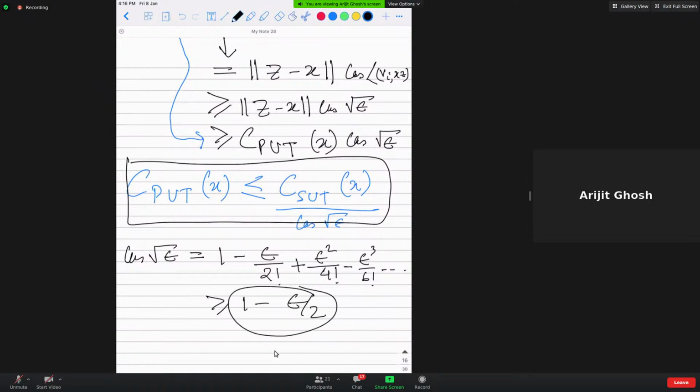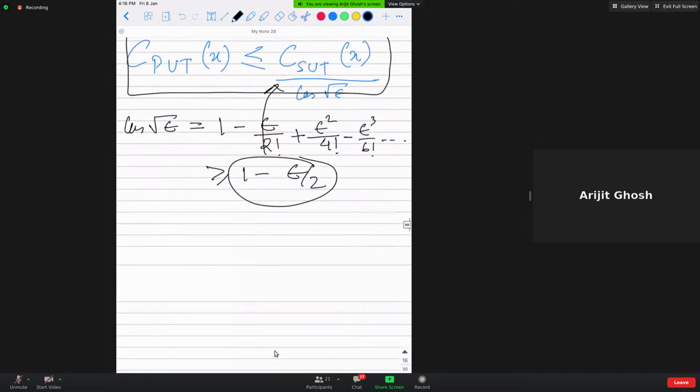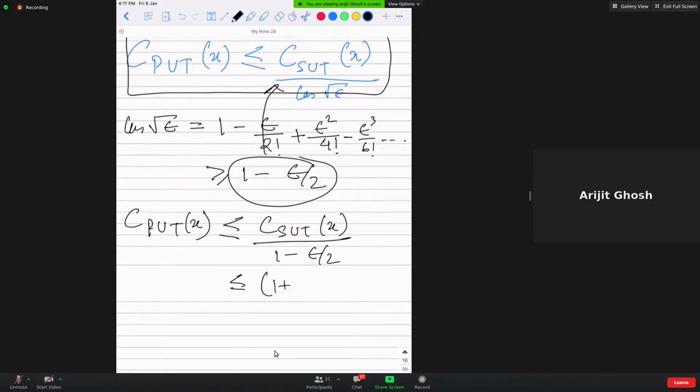Again, substitute this here. So C of P union T of x is less than or equal to C of S union T of x by 1 minus epsilon by 2. And so this completes the proof. That's it.